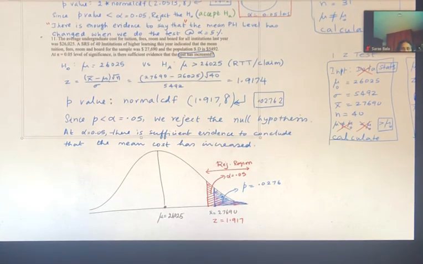If I'm rejecting my null hypothesis, my alternative is good to go. So that's why I'm using my technical way of saying there is enough evidence to conclude that, whatever the statement given in your problem is going to be written.